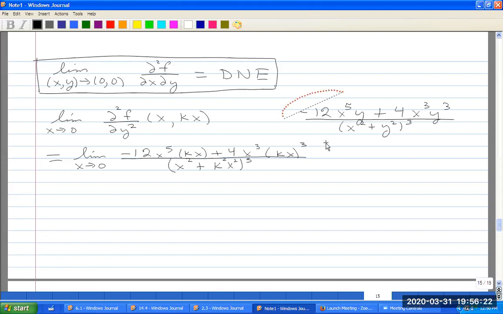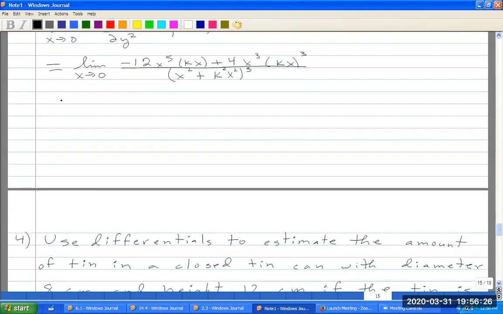Okay, so let's simplify that. So this is equal to the limit as x goes to 0 of, let's factor out x to the 6th, negative 12k plus 4k cubed divided by x to the 6th, 1 plus k squared cubed.